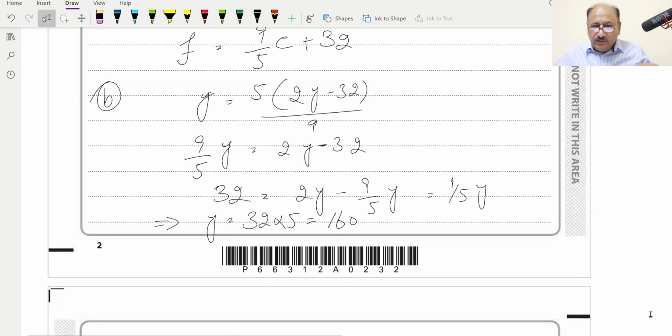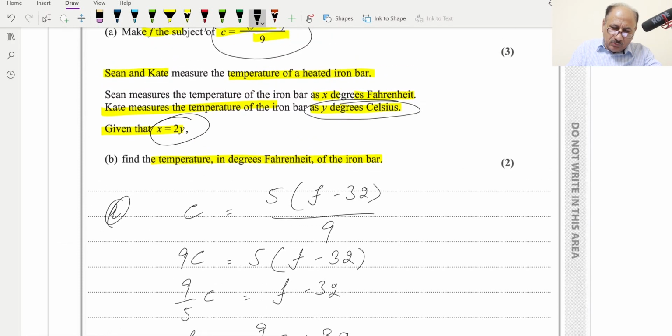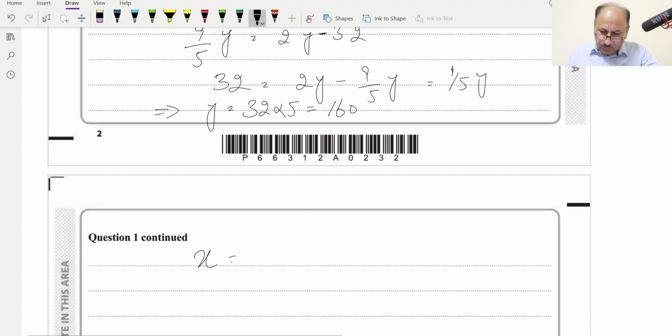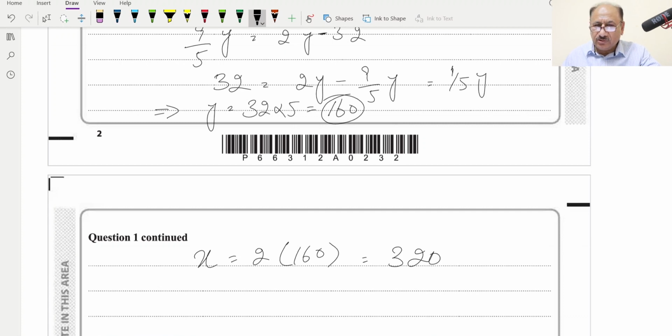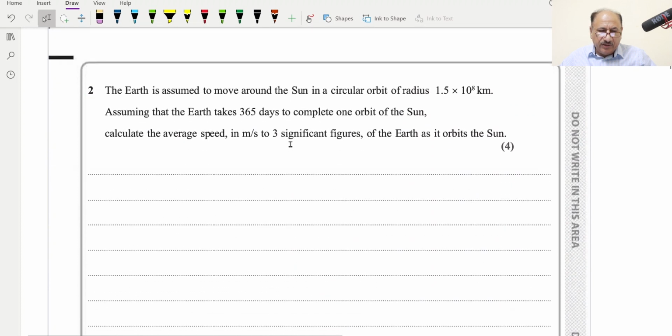We know the equation provided is X is equal to 2Y, and the Y value we have just calculated is 160, so we will replace Y by 160, and this will be equal to 320. This will be our answer, which we can provide as the final answer.